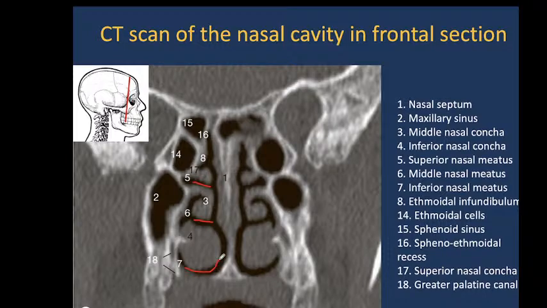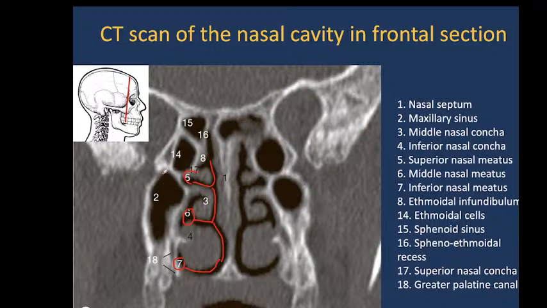That is air which doesn't absorb X-ray, so it looks like a shadow, but in positive it will be white. So these are all meatus. Number 7 is the inferior nasal meatus, then the middle and superior.